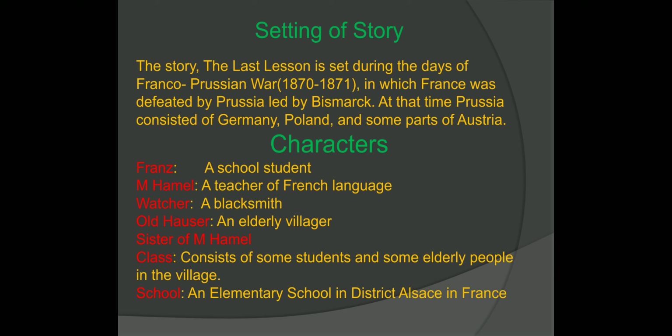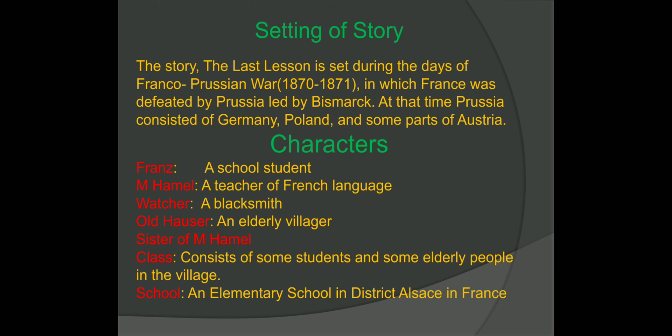At that time, Prussia consisted of Germany, Poland, and some parts of Austria. So this is the setting of the story. The time when France was defeated by Prussia is shown in this story.